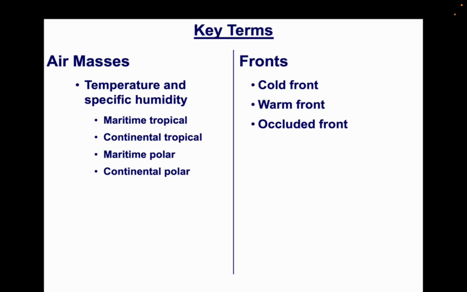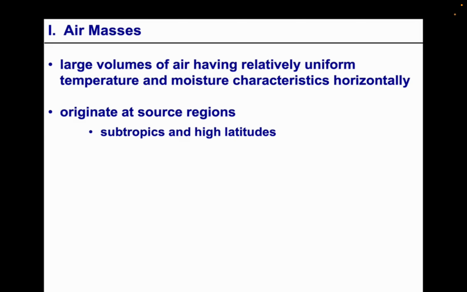How we'll compare and contrast the different air masses: the four important air masses are listed below: the maritime tropical, continental tropical, maritime polar, and continental polar, right? And then before the end of today's presentation, of course, I'll talk about fronts, the different types of fronts: cold fronts, warm fronts, and then occluded fronts, right? So let's get started with air masses.